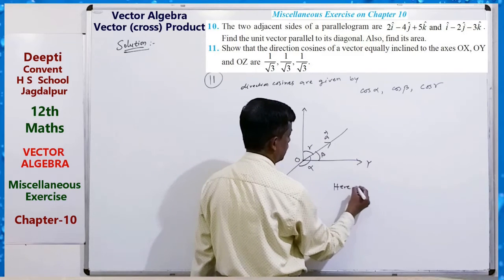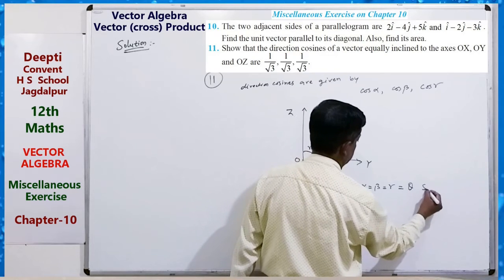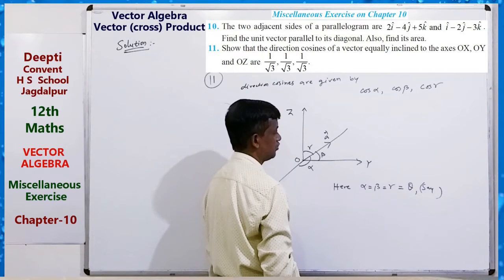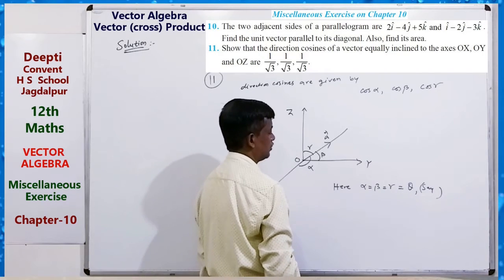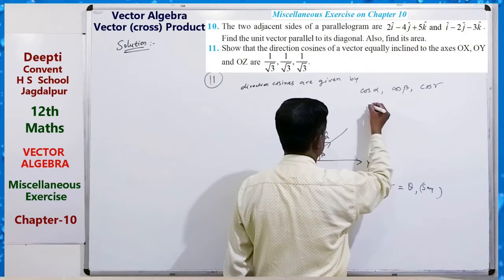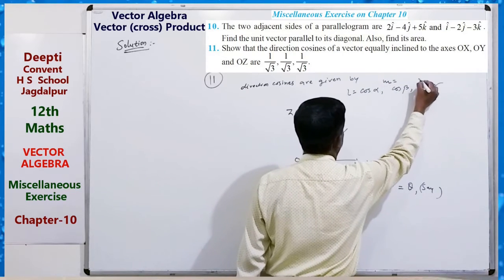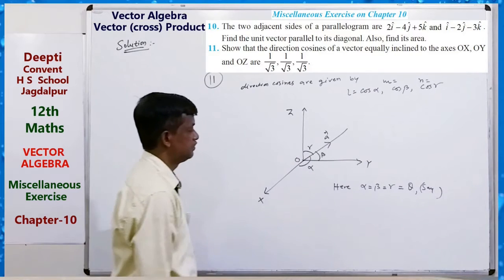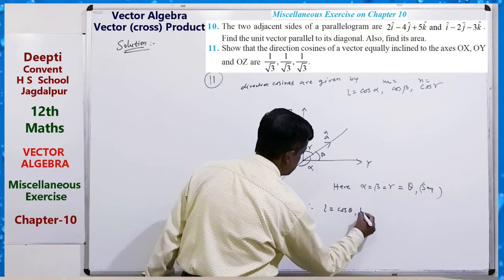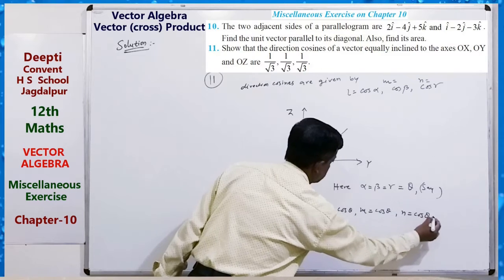Here alpha equals beta equals gamma equals theta, say. That is, L equals this, M equals this, and N equals this. Therefore, L equals cos theta, M equals cos theta, N equals cos theta.